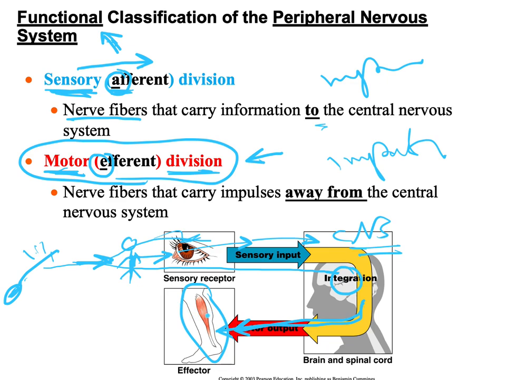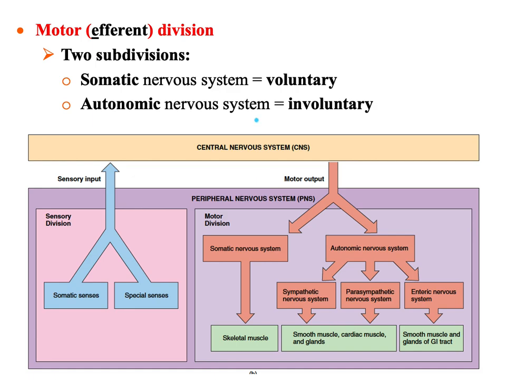No. The orders can also be transmitted to smooth muscles, like, for example, the intestine, or cardiac muscle, which is out of your control, or to glands, which is out of your control. That means the motor division, or the efferent, can be divided into two subdivisions.